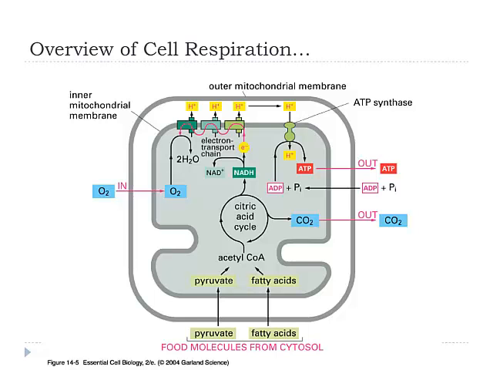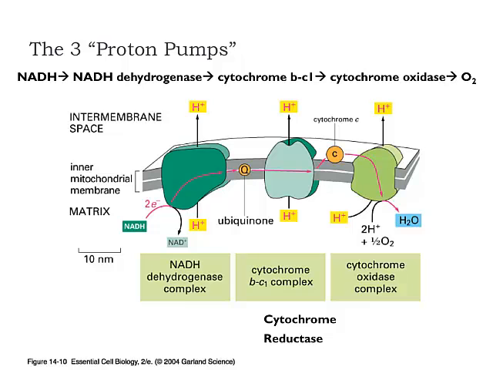the electron transport chain. So the only way that you can get enough energy to catalyze the phosphorylation of ADP is to have an accumulation of protons outside of the matrix, in the intermembrane space. And so the 3 complexes that help to do this are the NADH dehydrogenase complex, where NADH is now donating its 2 electrons to the complex, which then results in protons being moved across the membrane.